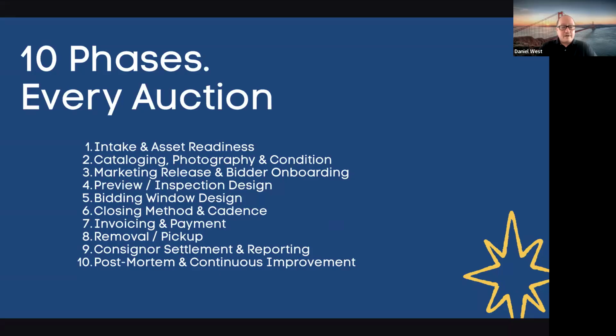Then, of course, you have the marketing push. So the advertising and promotion of the auction is a critical phase that you really should be paying attention to for sure.